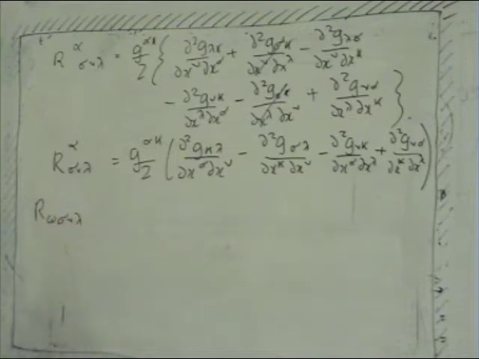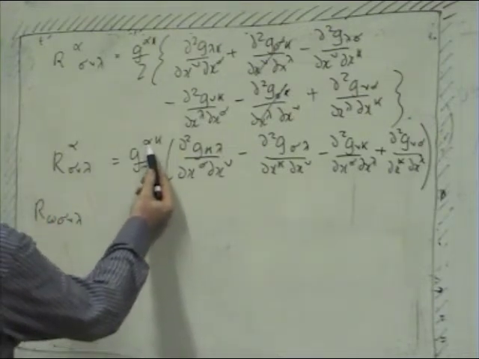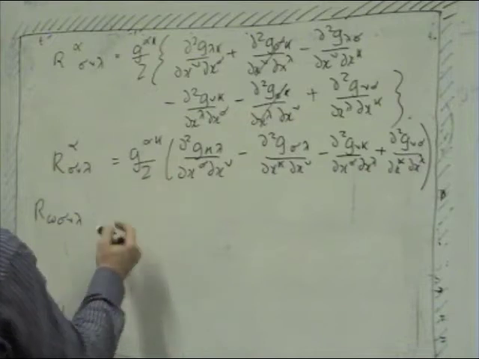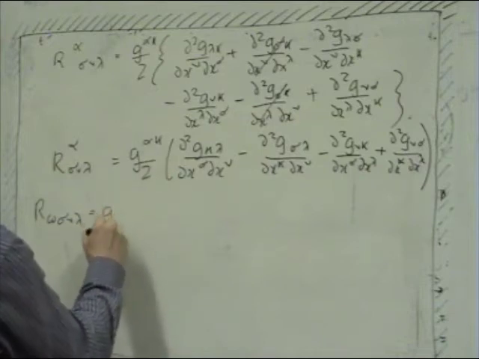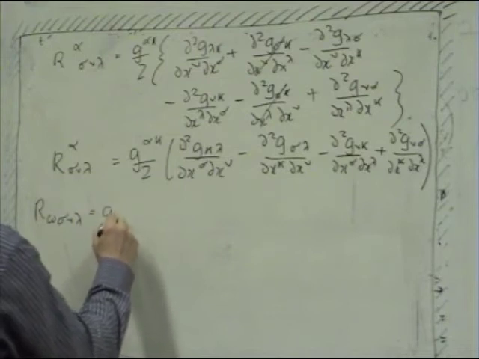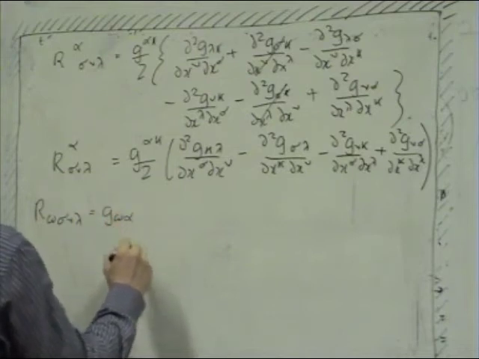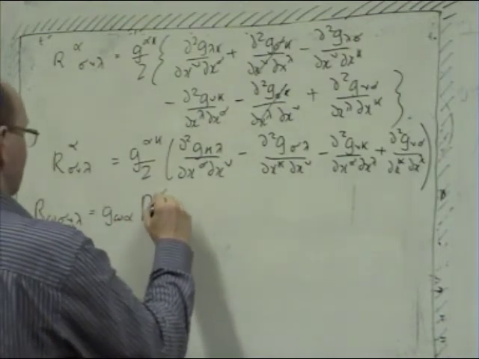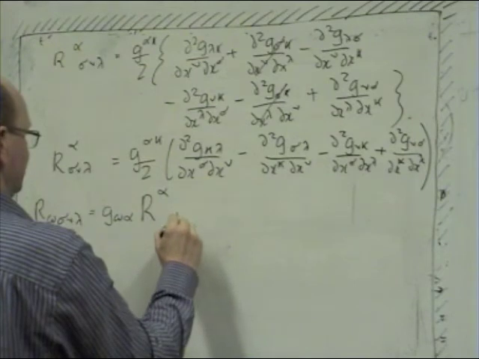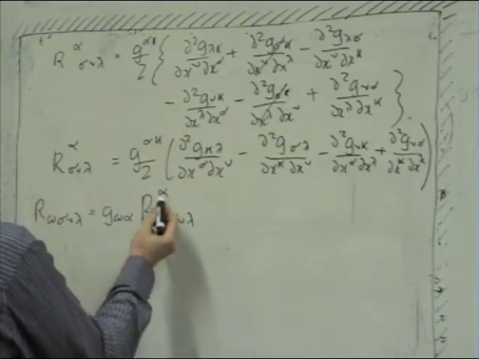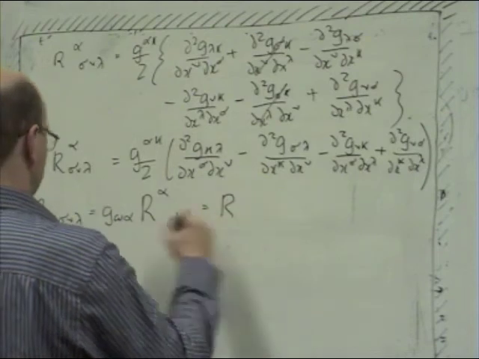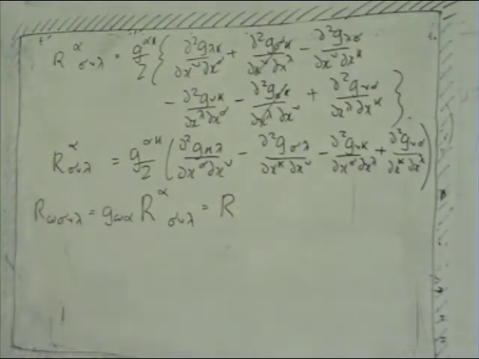So to do that, you want to bring this alpha down and replace it with an omega. The way you do that is you multiply by G omega alpha, and when you multiply that by R upper alpha sigma nu lambda, it has the effect of lowering the alpha and turning it into an omega, so that gives you R sub omega sigma nu lambda.